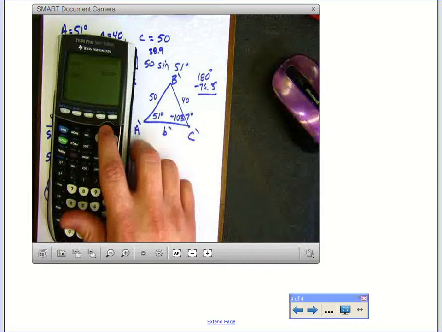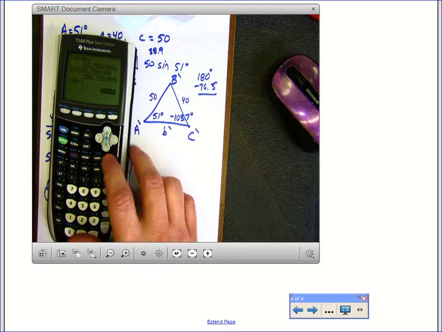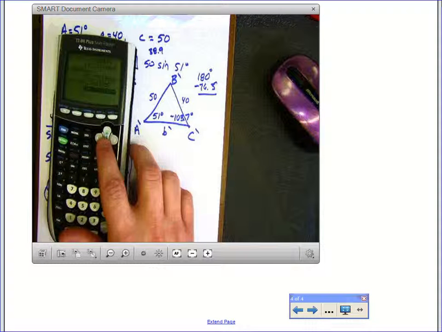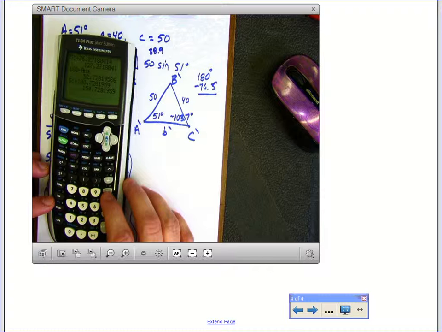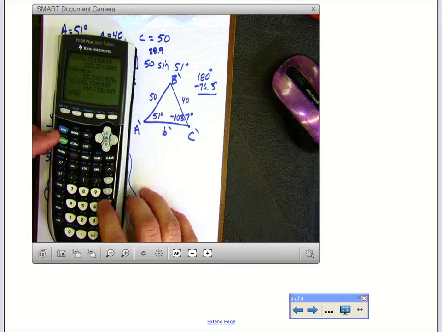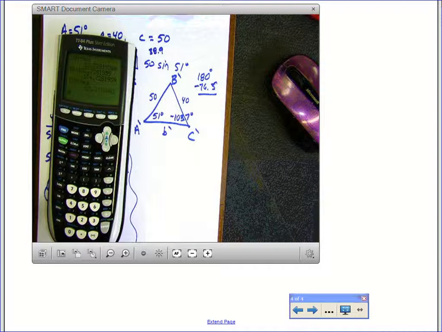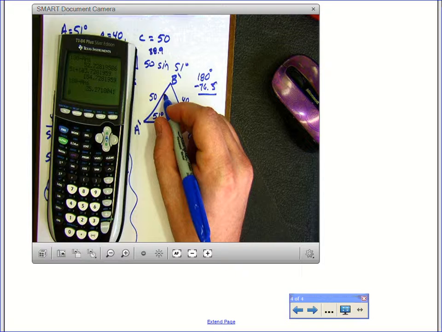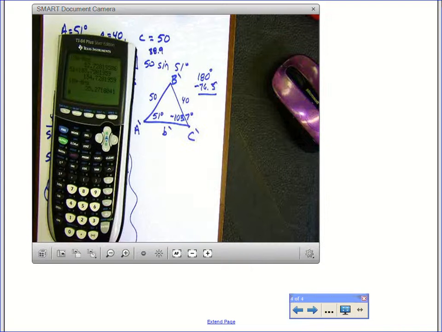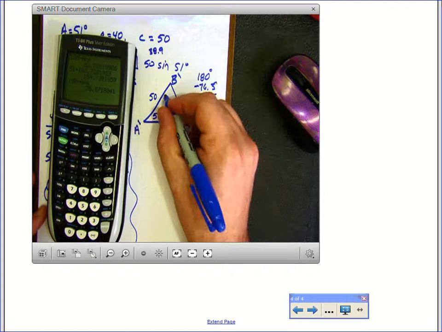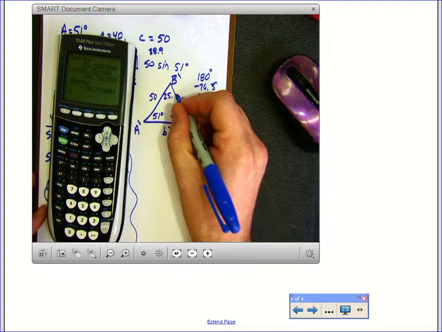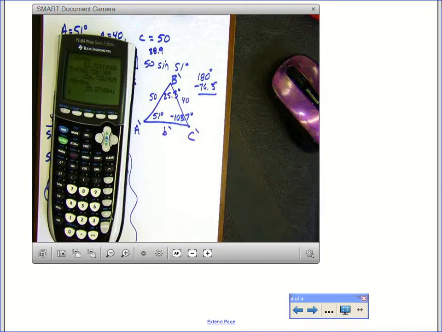Hang on. Okay, 180 minus answer. What would really suck is if you hit clear twice, it clears out everything. So don't hit clear twice when you're doing this. All right, 25.3 degrees.